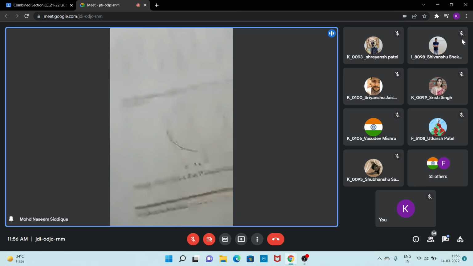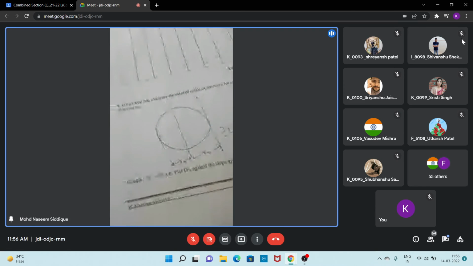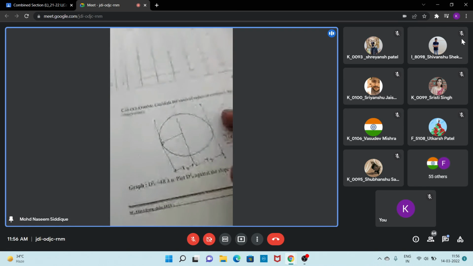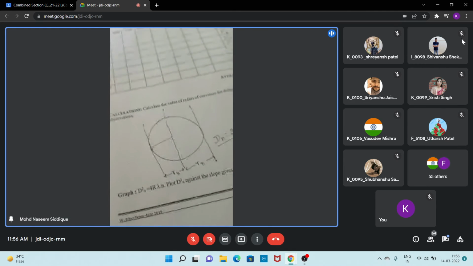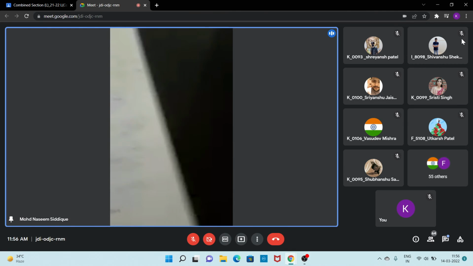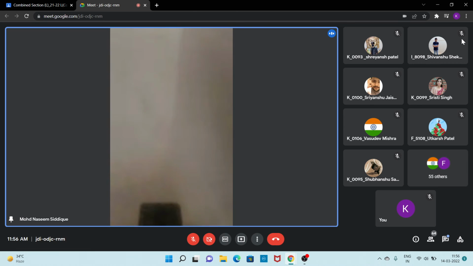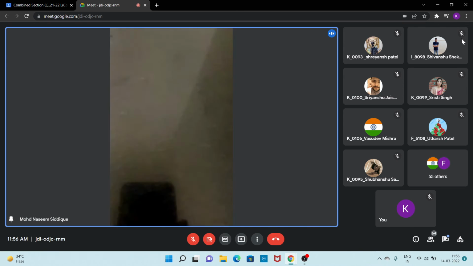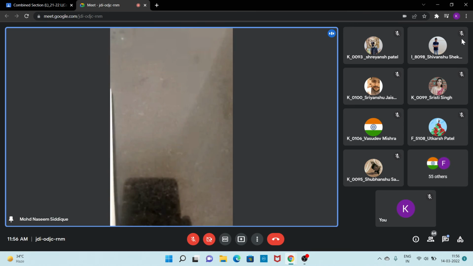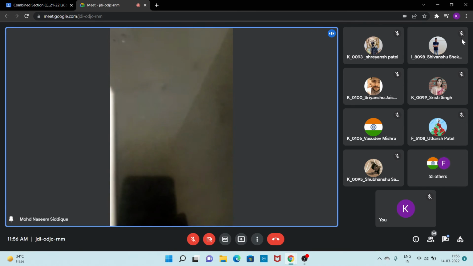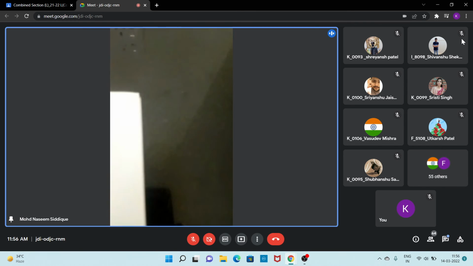This is not R, this is lambda. So when you draw a graph of D square n and 4 p lambda, you will get a straight line, and from here you can get the value of the slope. Okay, and then you can calculate.